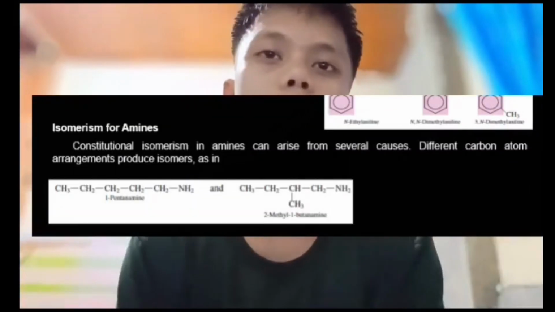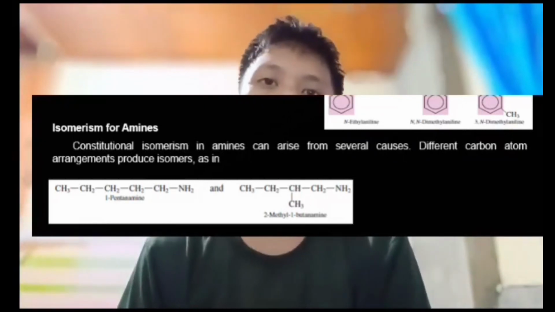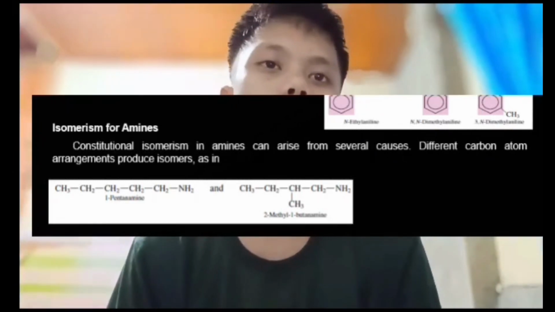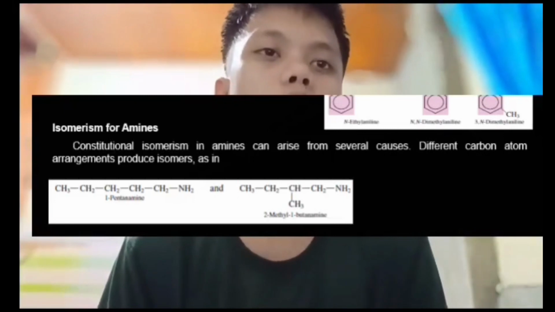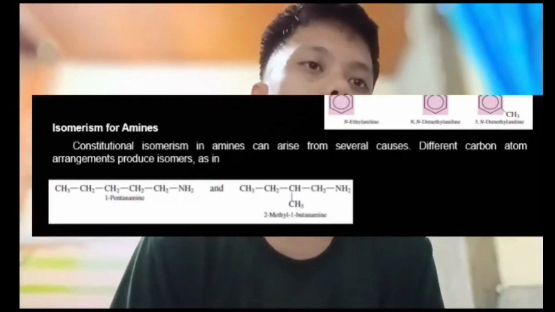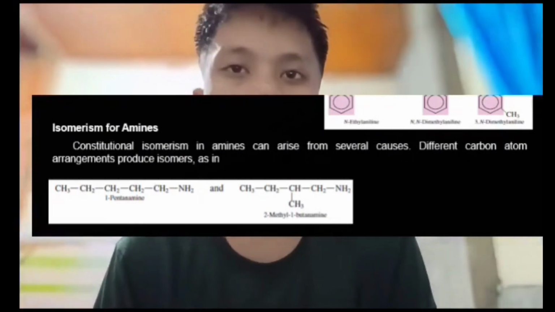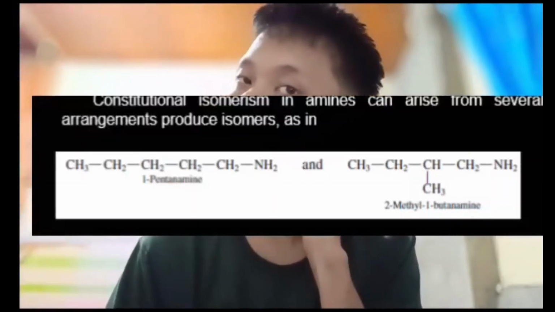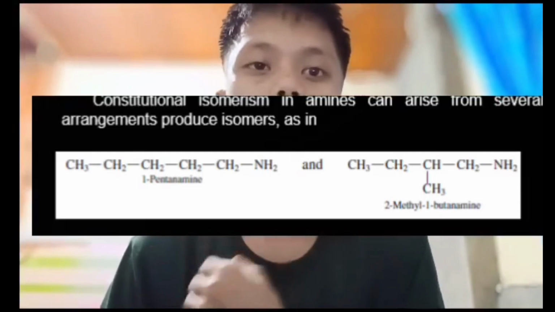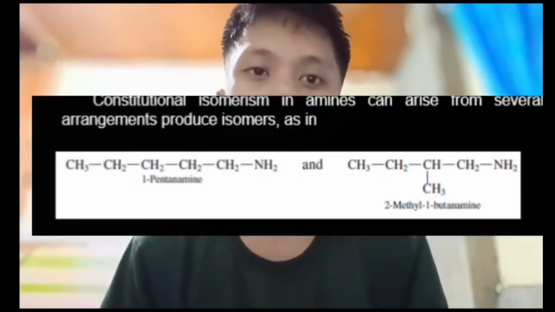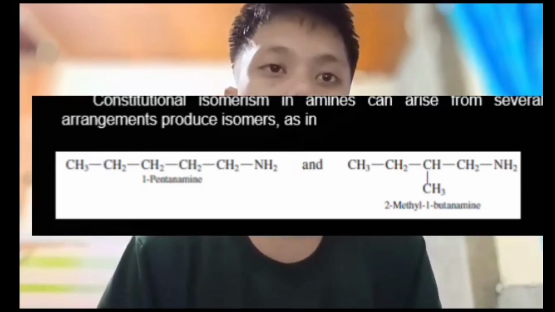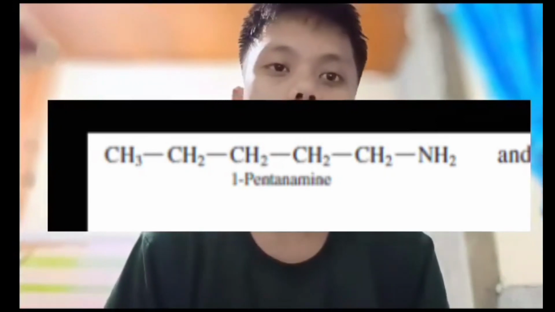So isomerism for amines. Constitutional isomerism in amines can arise from several causes. Different carbon atom arrangements produce isomers as in. So dria guys kay naa tay simple naming sa amine.